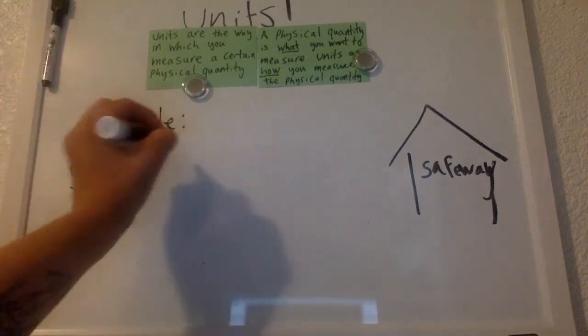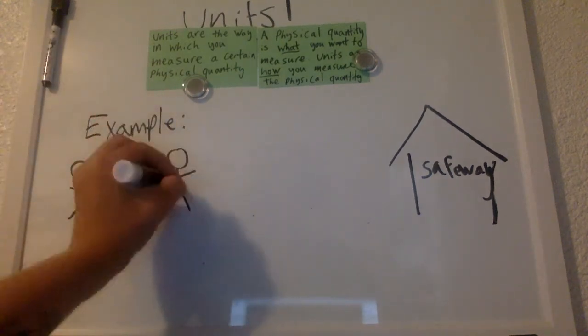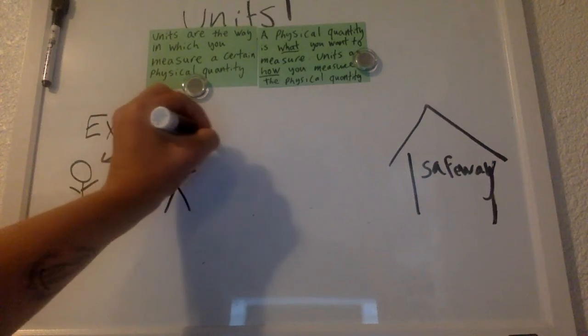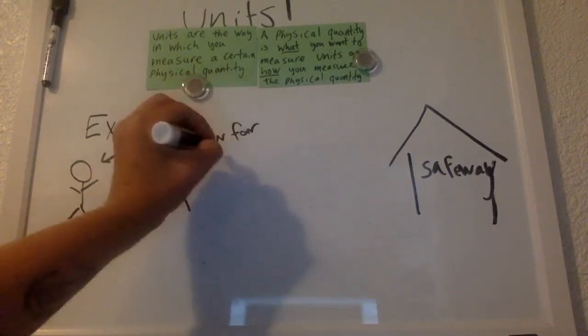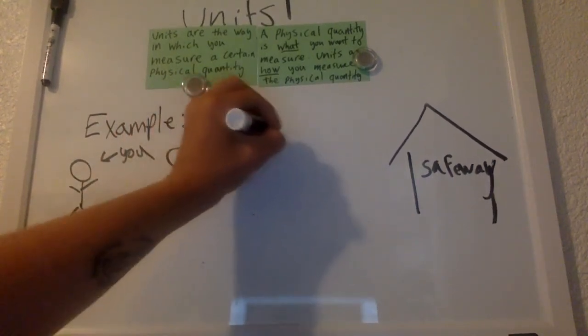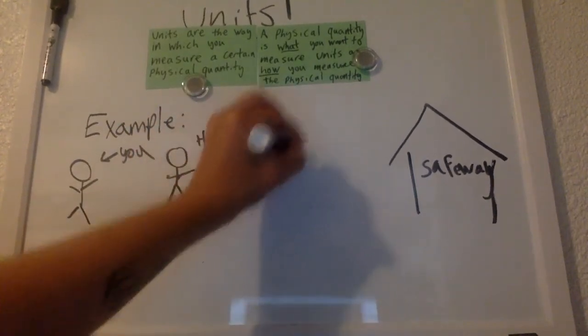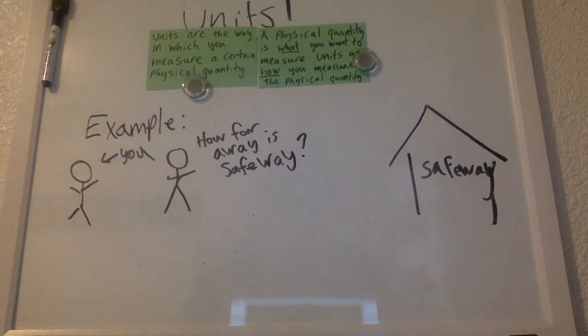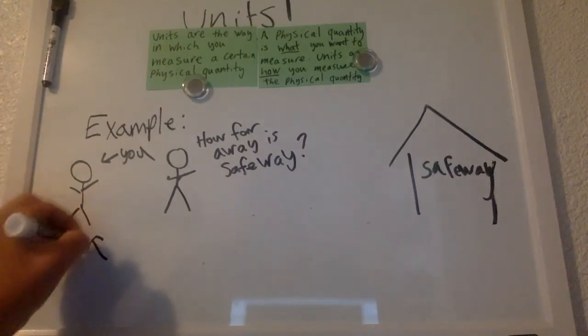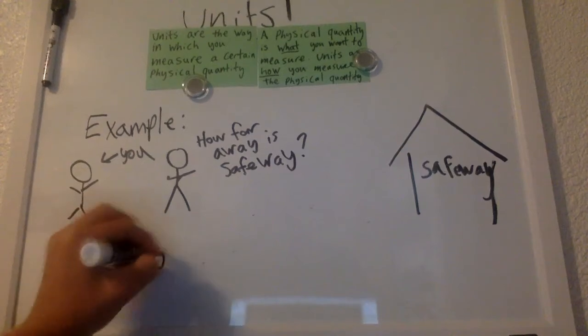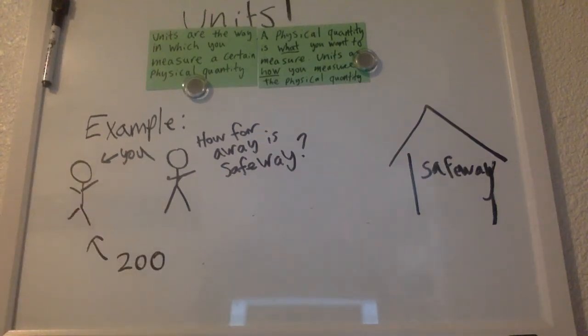So somebody's asking you, hey, how far away is Safeway? And what if you would actually pace this out and you measured it to be, I think it's maybe around 200 meters. And so you reply 200. But what if you left off the meters and you just said 200, right?